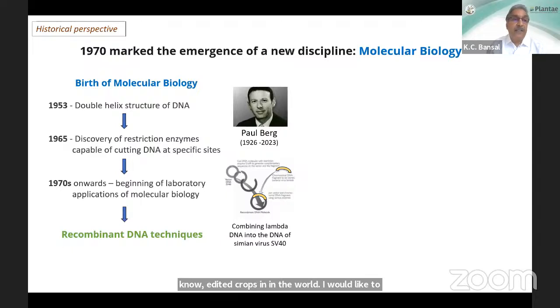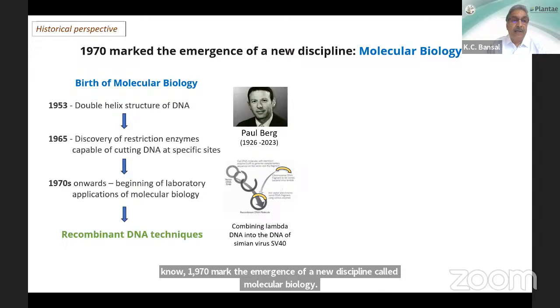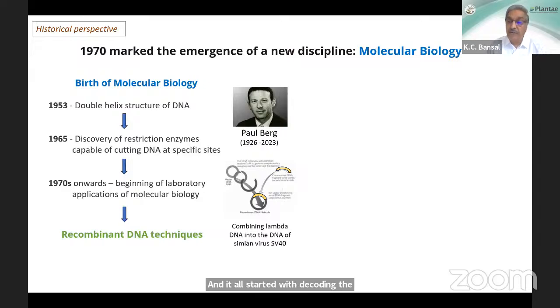Just to start with the historical perspective, as you know, 1970 marked the emergence of a new discipline called molecular biology. And it all started with decoding the double helix structure of DNA in 1953, followed by the discovery of restriction enzymes in 1965, which made it possible to join one particular DNA, as shown here, the lambda DNA, with the DNA of the simian virus SV40 by Paul Berg in 1971.